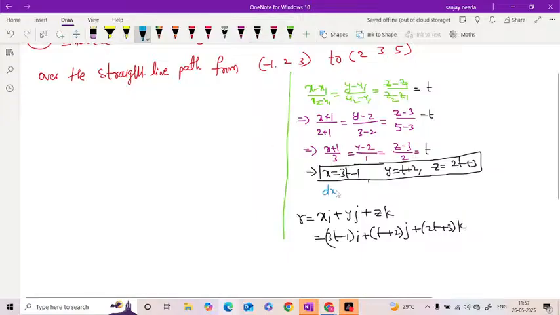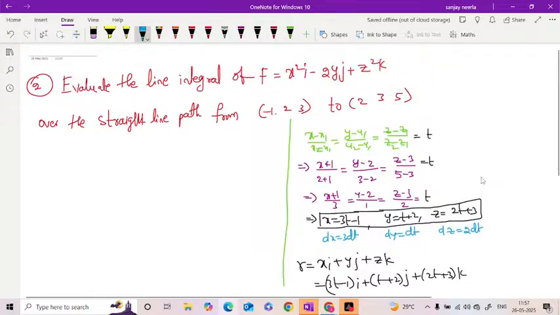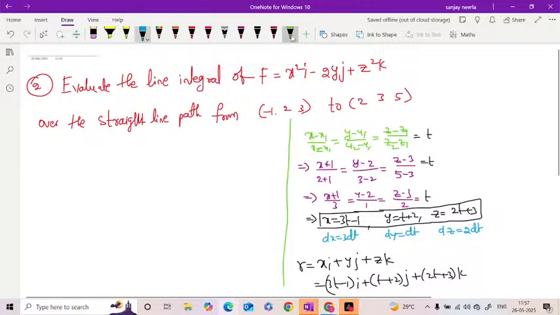In place of dx you have to write 3 dt, in place of dy you have to write dt, and in place of dz you have to write 2 dt. Like that we can calculate. This is one of the ways, and we have a second way also.